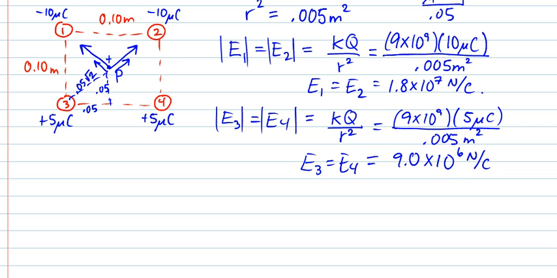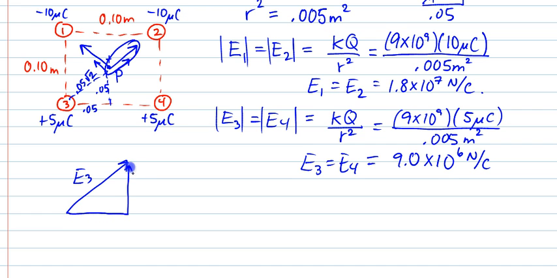Now we just have to take these 4 field vectors that we have, and I think the easiest thing to do is components. So for example, let's look at E3. Okay, so E3 is kind of this guy right here, coming from charge 3.